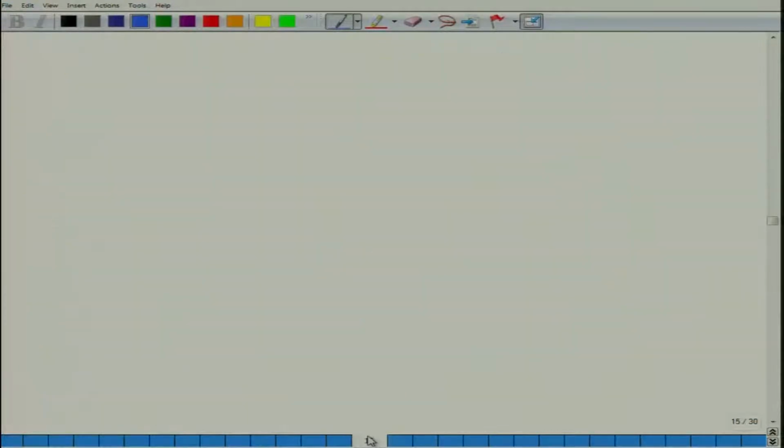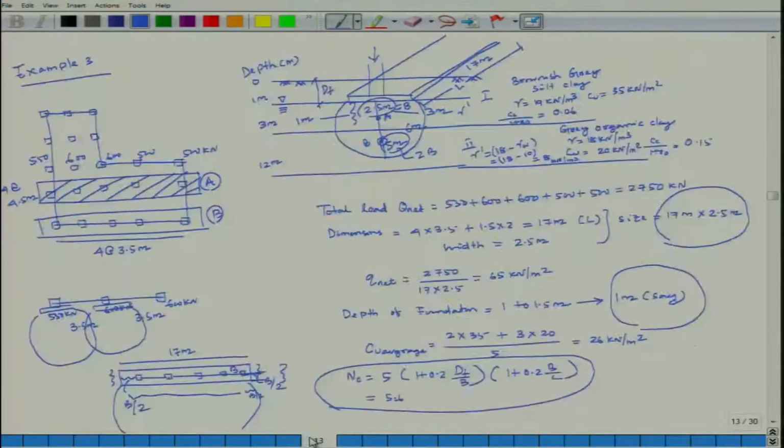Now you got it, go for your consolidation settlement. Consolidation settlement is Cc by 1 plus e0, H, log 10 of (P0 plus delta P) by P0. Cc by 1 plus e0, layer 1 it is 0.06, layer 2 it is 0.15.